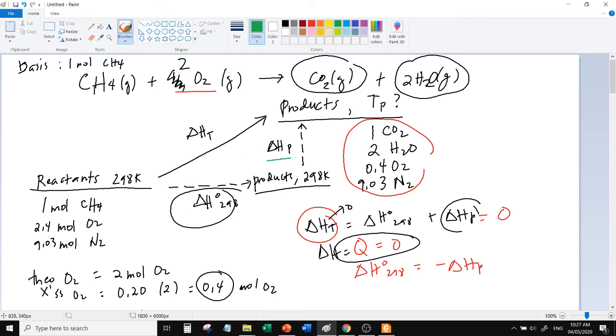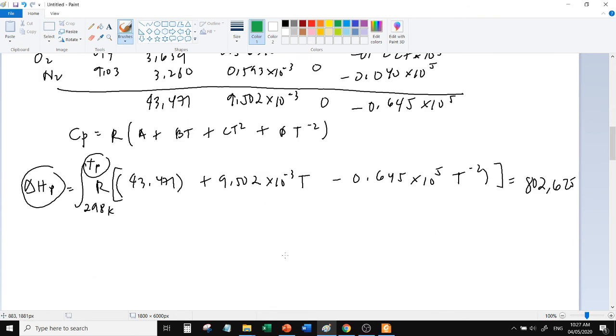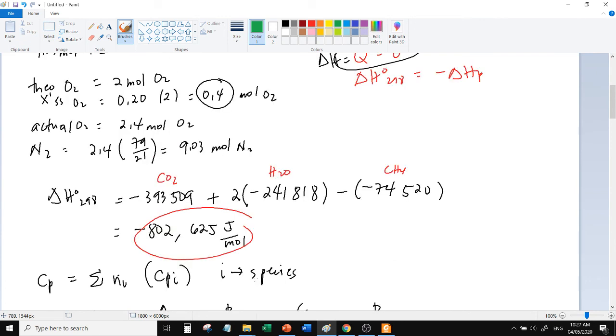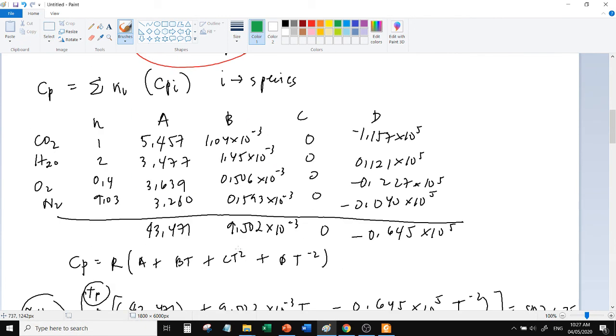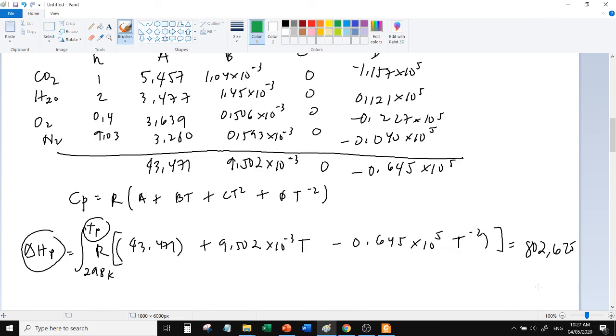Yan. Ito at saka ito. Equal na sila. Kaya, yung nakuha dito na 802,000, in-equate mo na siya dito sa delta HP. Tapos, isa na lang yung unknown mo, which is yung boundary ng integral.